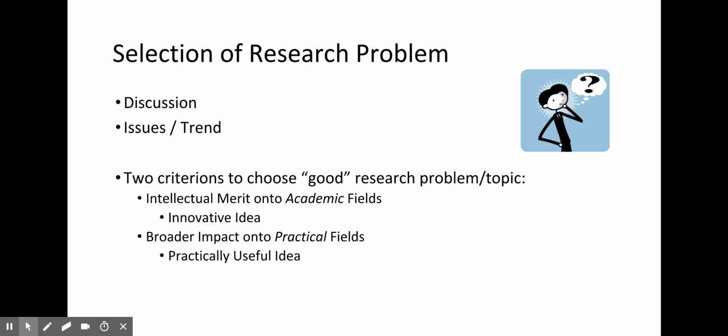Selection of research problem, or developing a statement of the problem. Think about this. You always start with what's wrong. If everything's fine, other people are not interested. Why? Because everything is fine. How are you?